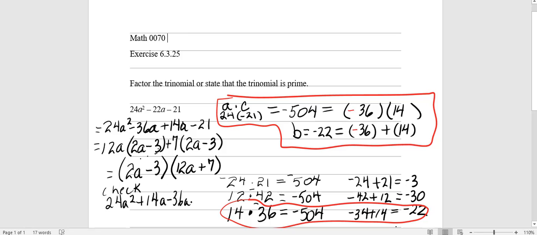And last times last is negative 21. So I wind up with exactly what my problem was: 24a squared minus 22a minus 21. So my correct factorization is indeed 2a minus 3 times 12a plus 7. And that's how I actually would find that.